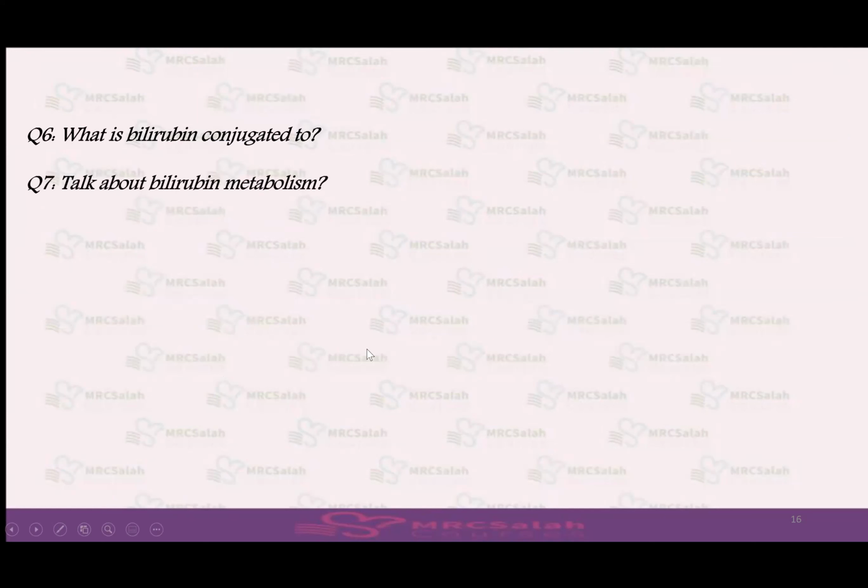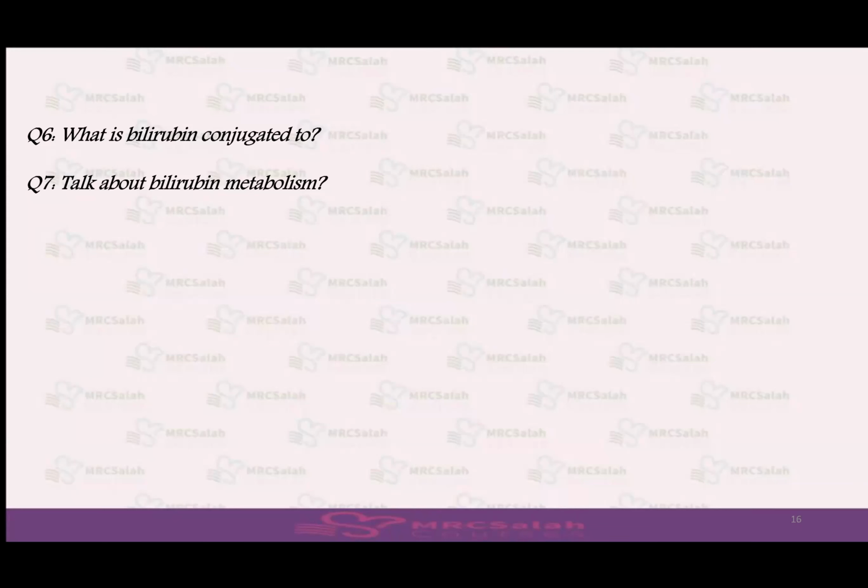Talk about bilirubin metabolism, please. The conjugated bilirubin goes to the bile and then to the small intestine. Then in the intestine, most of the bile acids will be reabsorbed in the terminal ileum.